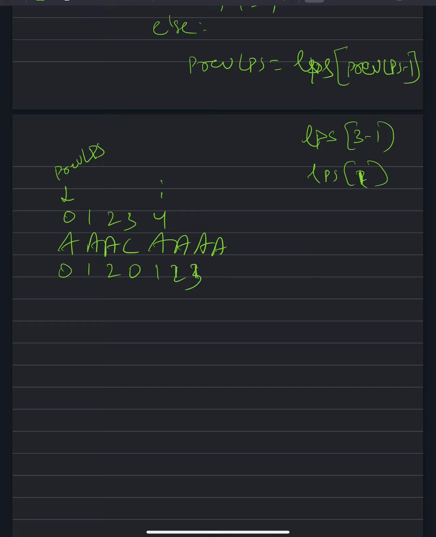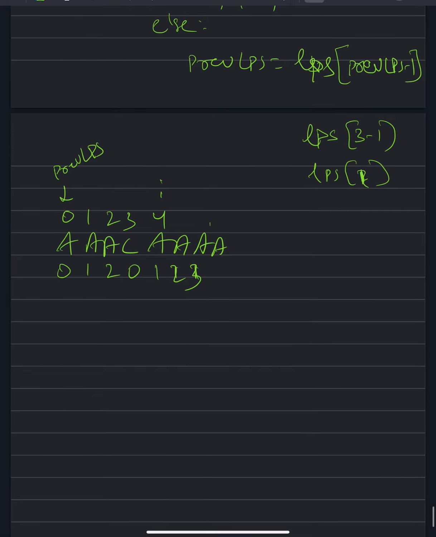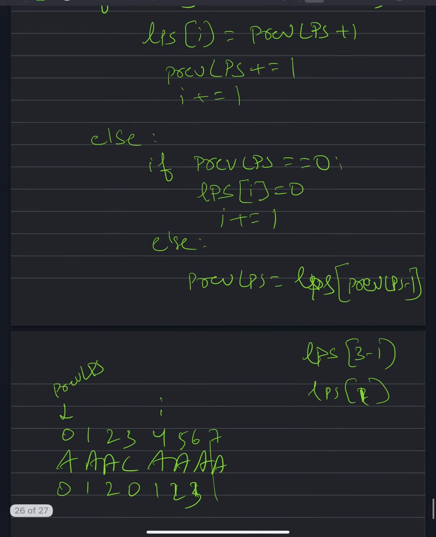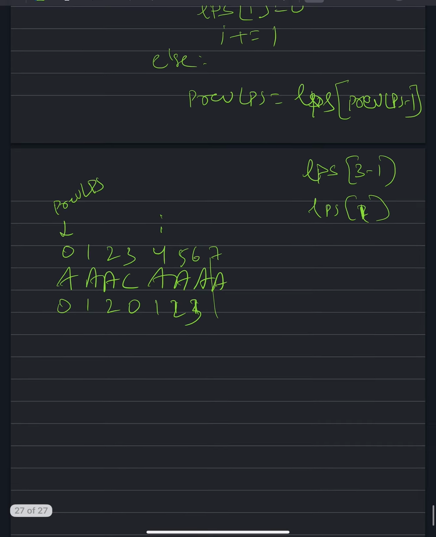Now, here one more thing you will see. A and C is not matching. This is the point where it is not matching. 5, 6, 7. The previous LPS was 3, right?